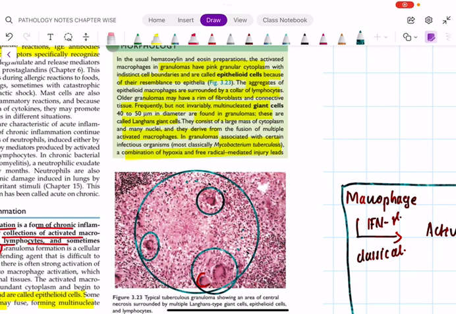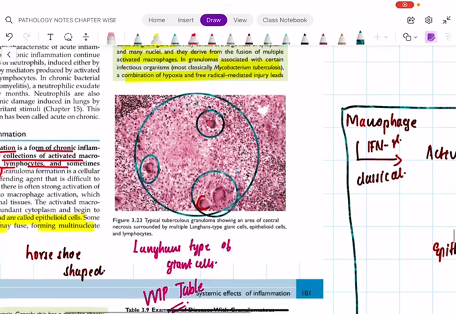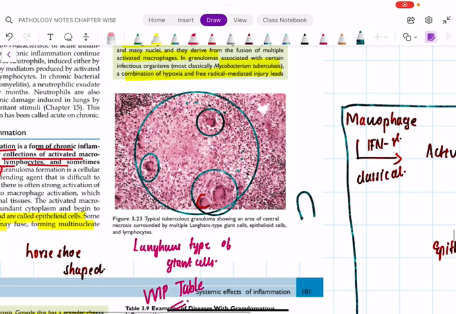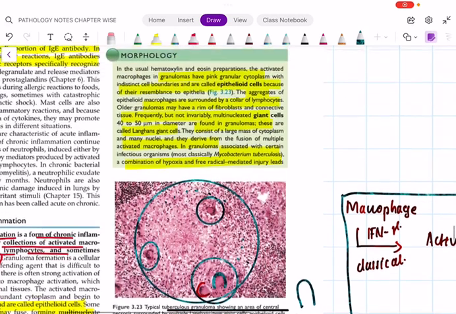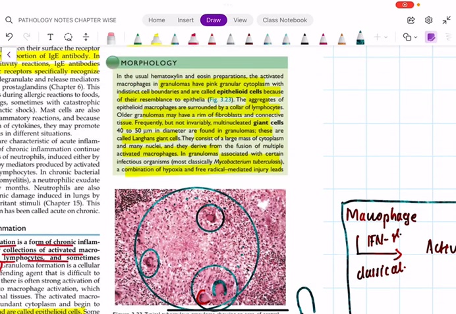That is what we call giant cells, which are multinucleated, characteristically having a horseshoe-shaped nucleus. You can see here the horseshoe-shaped nucleus. This is what we call Langhans giant cells.